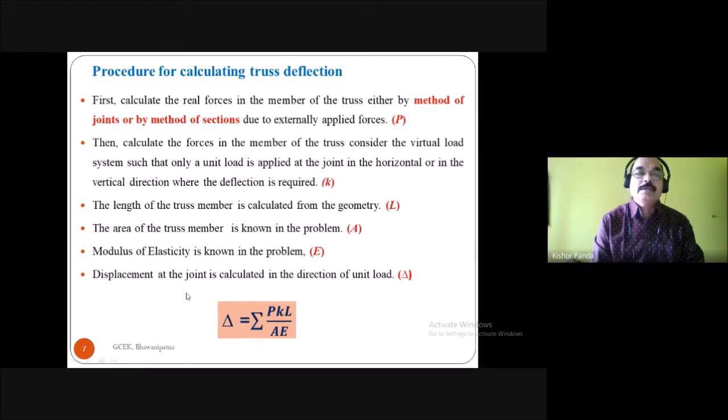Then the displacement of the joint is calculated using this formula: Delta is equal to summation of PKL divided by AE. So this is the procedure for calculating truss deflection, and these are the points you have to remember.